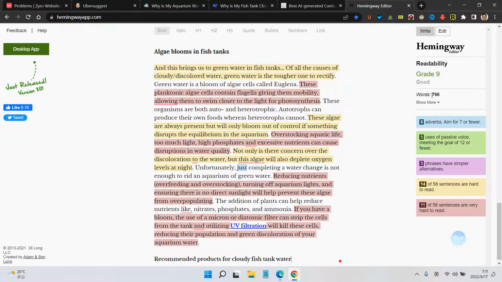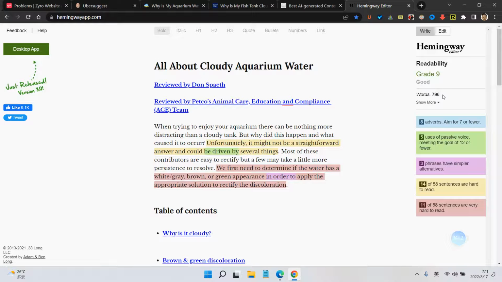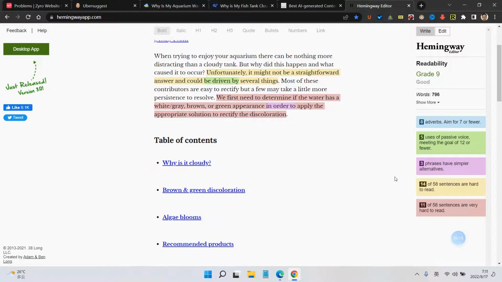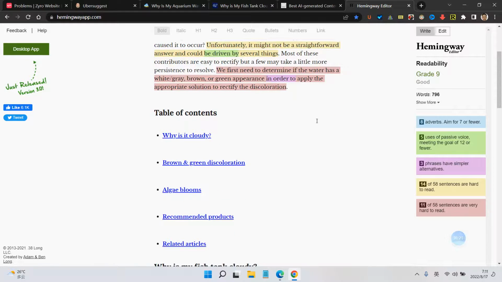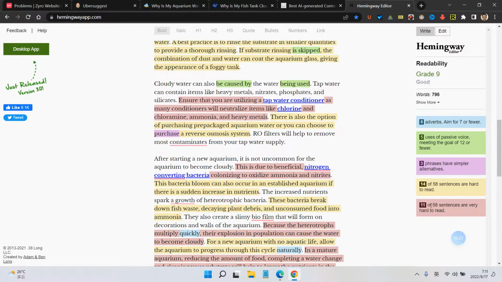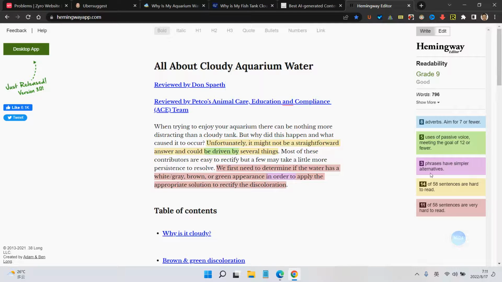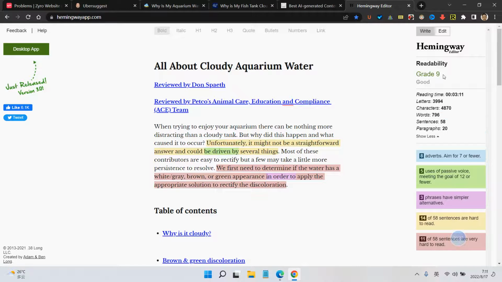So this is only almost 900 words, less than 1000, right? They have 11 sentences that are very difficult to read. We need to improve this part. And then they are grade A. We can do grade 6, something like that.